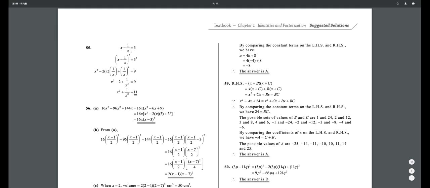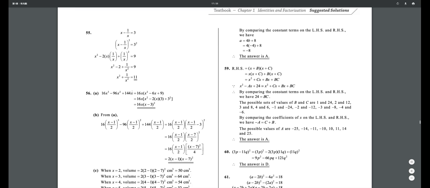And this one very obviously, you have to make it disappear. So after you make it disappear, this one x times 1 over x gives you 1. So probably you can find it this way. For this one, you just have to put in the x values and check one by one and see what should be the maximum value.